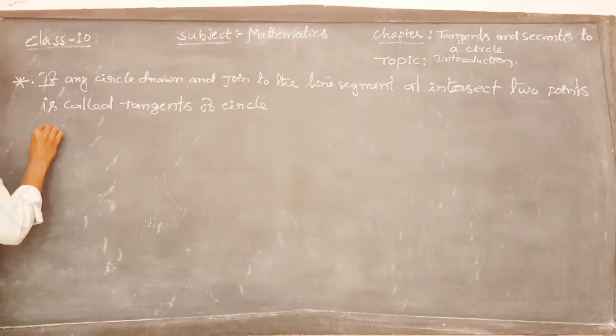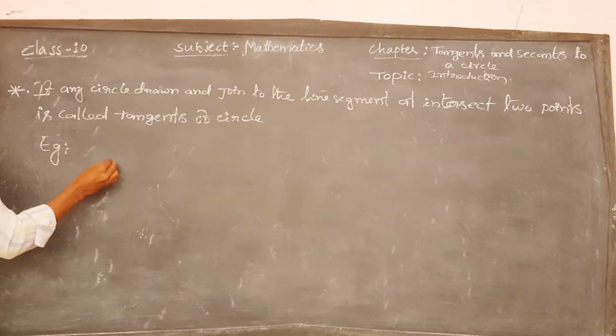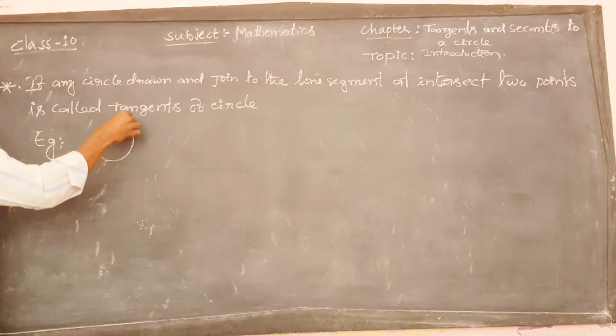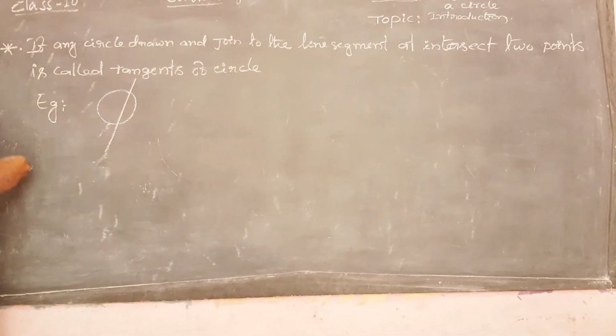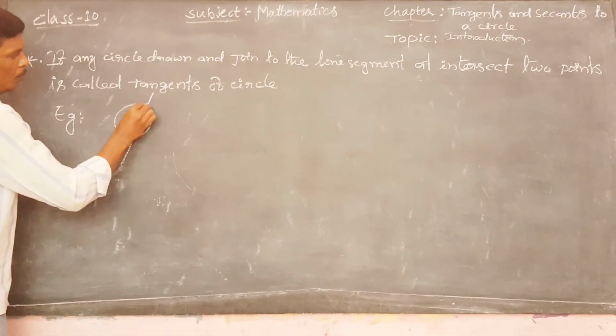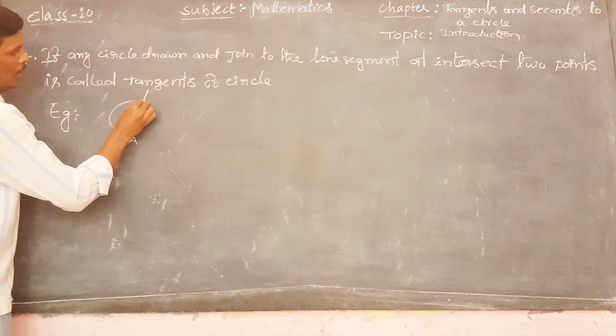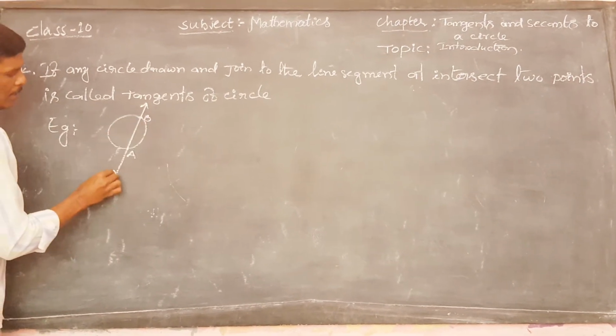Example: suppose any circle is drawn and a line segment intersects it at 2 points, that means A and B. This one is the line segment.